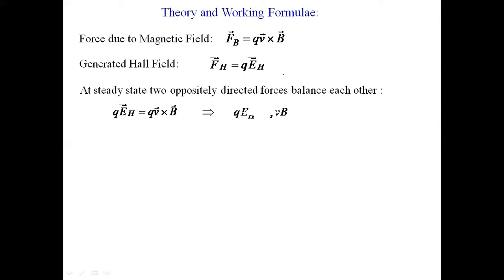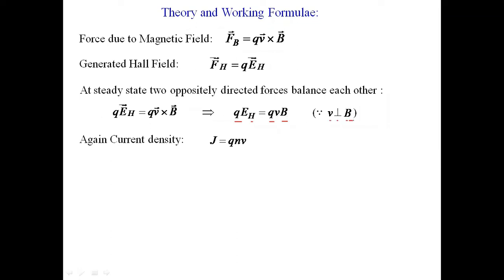We have observed that these two forces at steady state balance each other. Therefore, we can readily write Q E_H equals Q V B. Again, sin theta is 1 because velocity and magnetic field are perpendicular to each other.